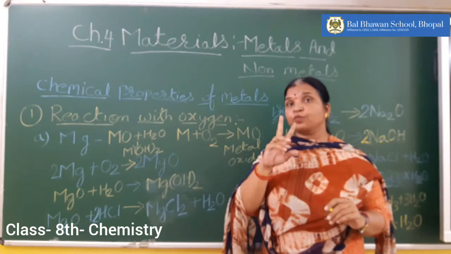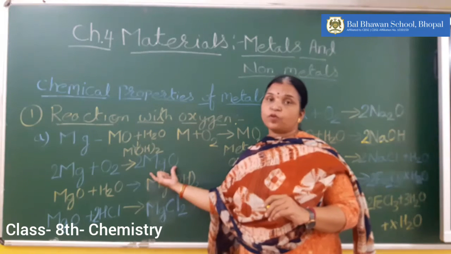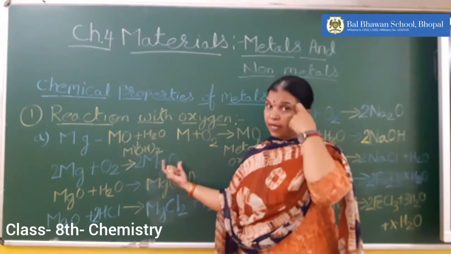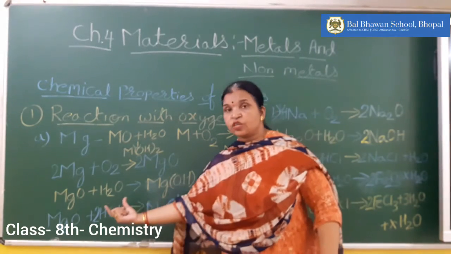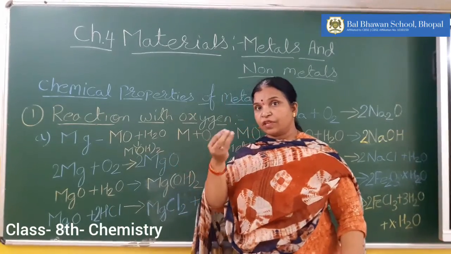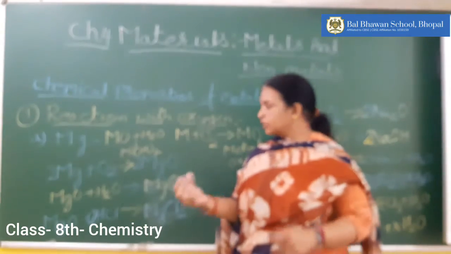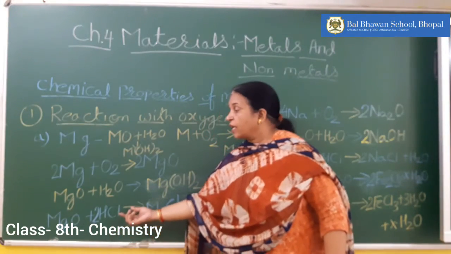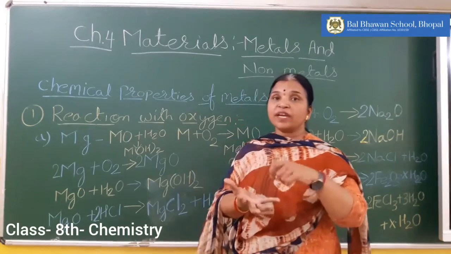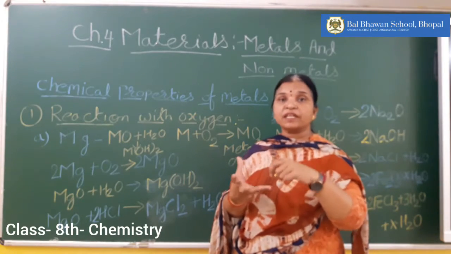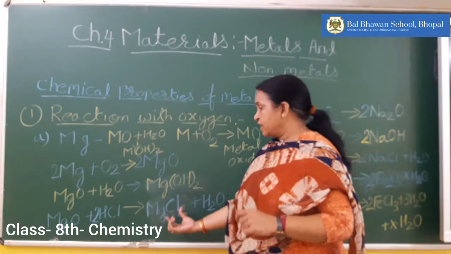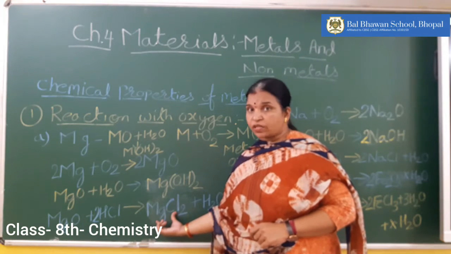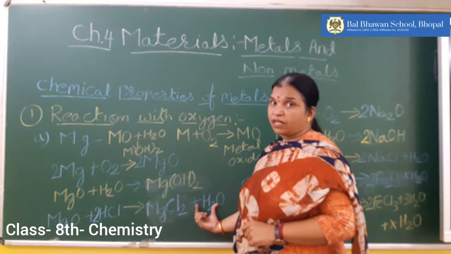Another test to prove the nature of the oxide produced by the reaction of metal and oxygen: take magnesium oxide, the white ash, and dissolve it in hydrochloric acid. This white substance will get completely dissolved in hydrochloric acid, and I will obtain magnesium chloride as a salt, and water will be released.